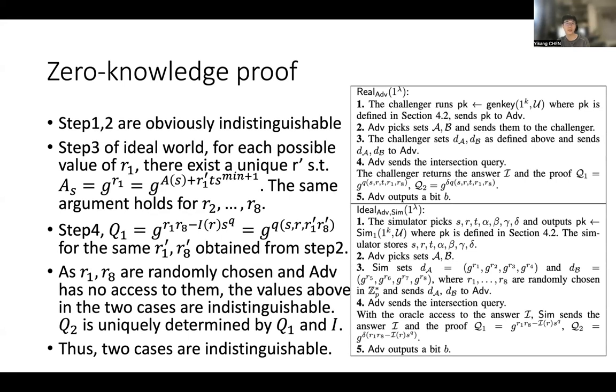So the adversary will not have any information about these two numbers, and cannot distinguish step 3 and step 4. So in conclusion, these two cases are indistinguishable to any PPT adversary.